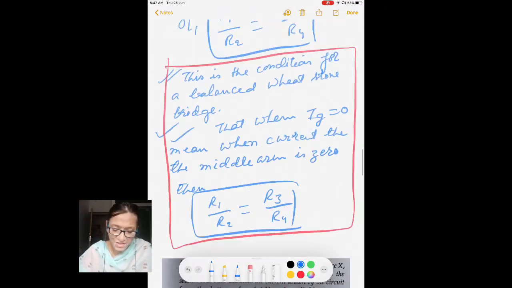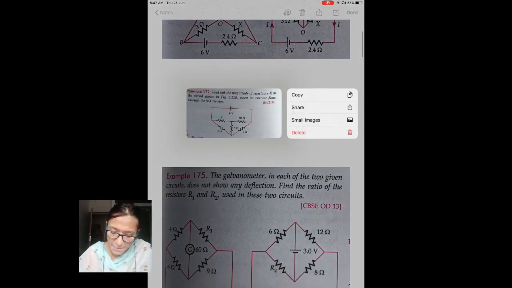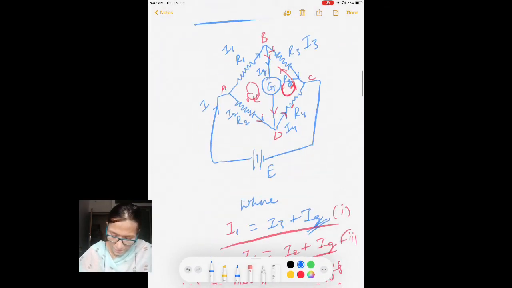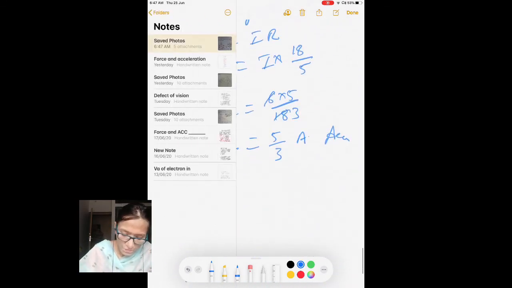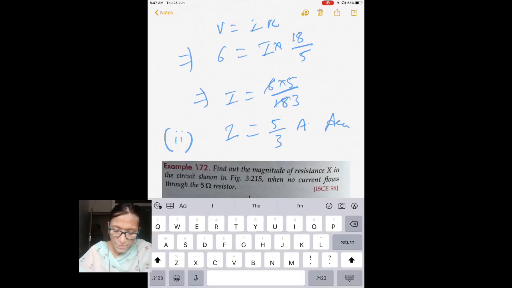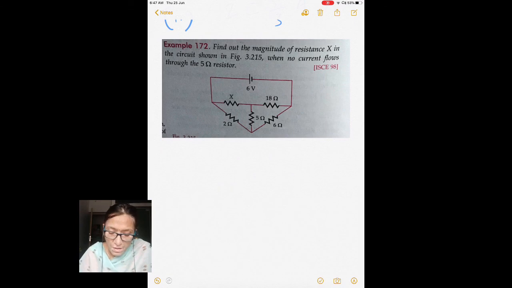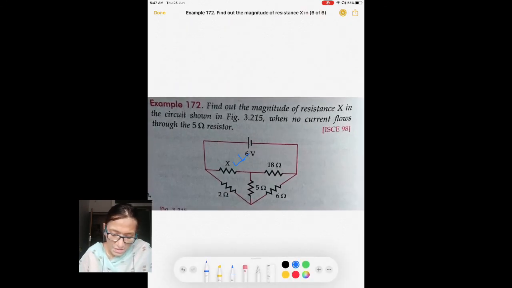Now next question. Next question I am selecting. Find out the magnitude of resistance X. You have to find this X, when no current is flowing through the 5 ohm resistor. Here you have no current flowing through this 5 ohm resistor.